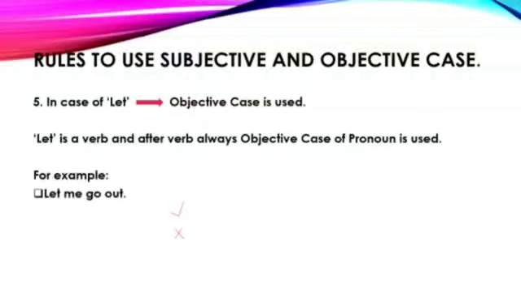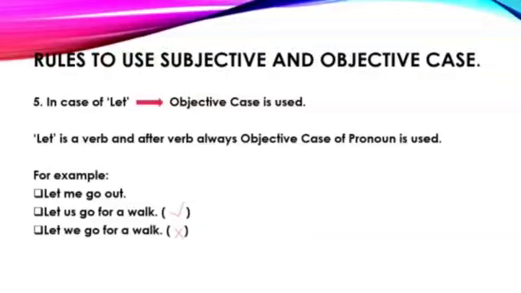So examples are, let me go out. I cannot say let I go out. Let us go for a walk. That is the correct sentence. But if I say let we go for a walk, it is a wrong sentence. So after the verb, we are to use objective case of pronoun.